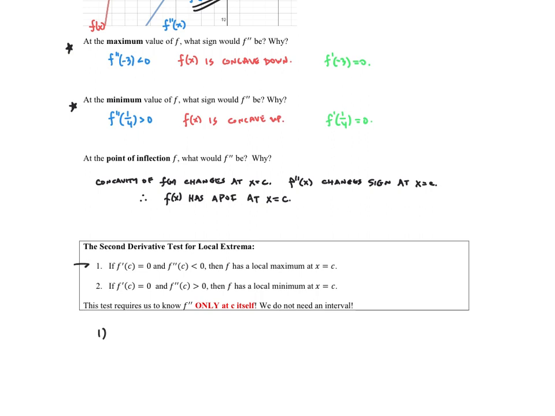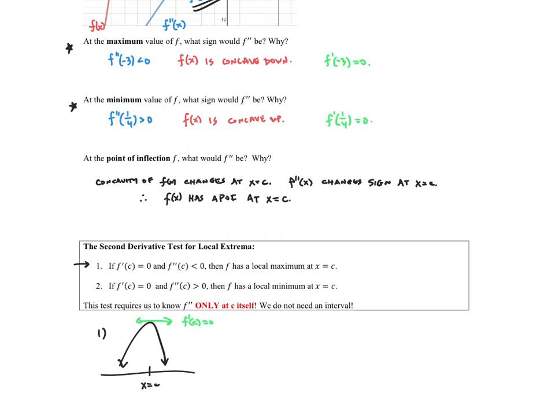Okay, so example 1 says if f prime at c is 0 and f double prime is less than 0, then there's a local max at x equals c. Let's look at that. Here's x equals c. Looks like f prime at c equals 0.